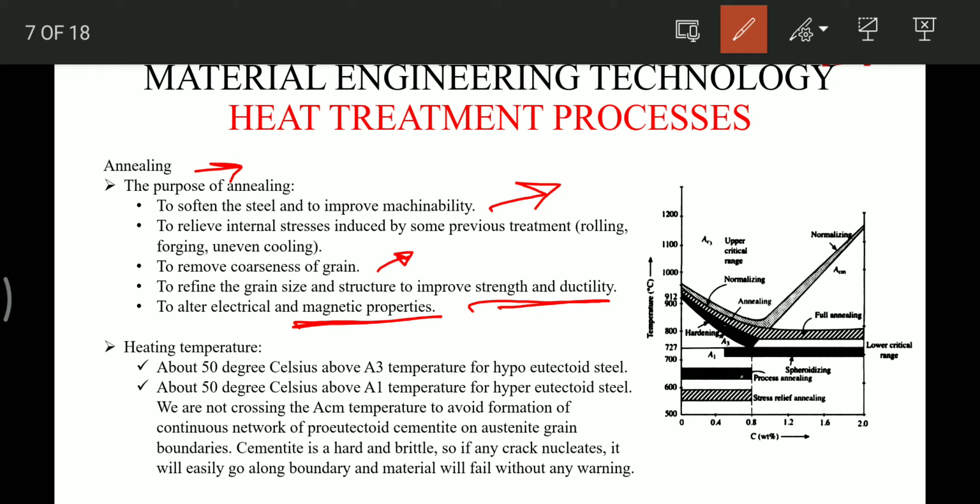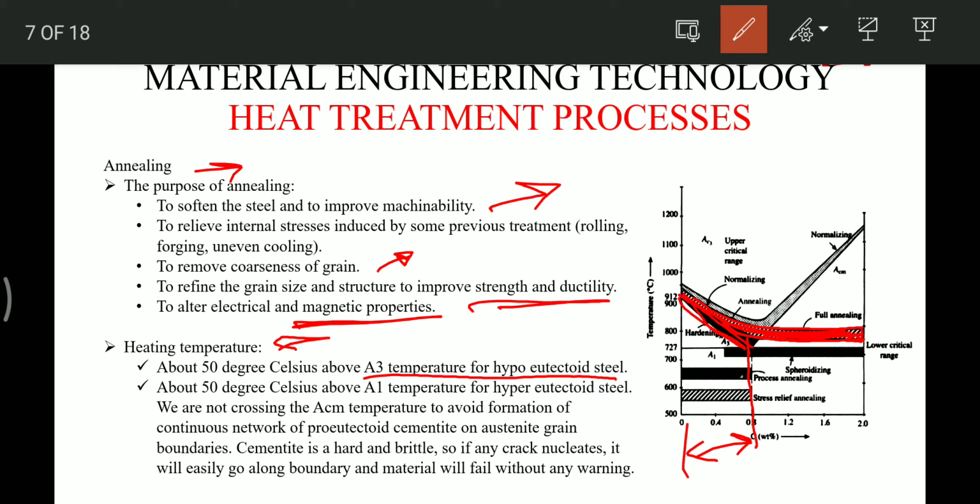So as you can see friends, this is the region representing the temperature for annealing in this iron carbide phase diagram. For annealing we have to heat to about 50 degrees Celsius above the A3 temperature for hypoeutectoid steel. So friends, this is a hypoeutectoid steel, and this is the A3 temperature line.